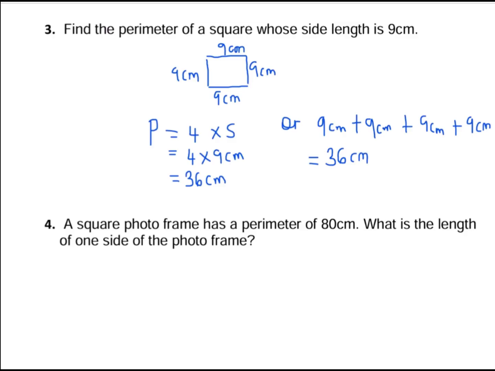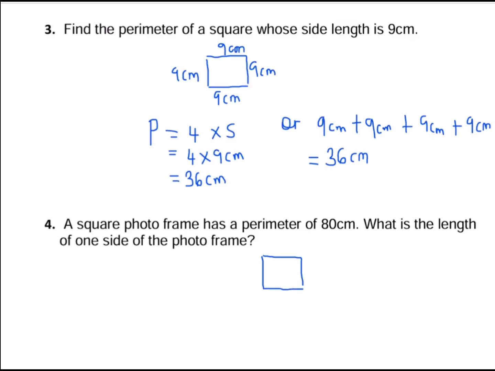A square photo frame has a perimeter of 80 centimeters. What is the length of one of the sides of the photo frame? So I'm going to draw the square. It's always good to sketch out your diagram. So draw the square.